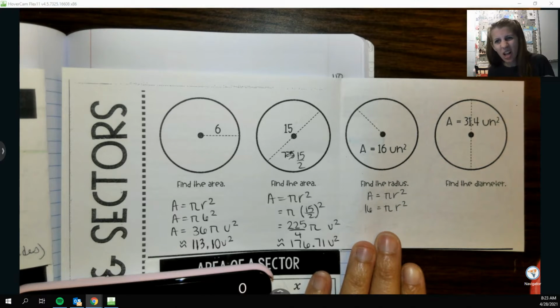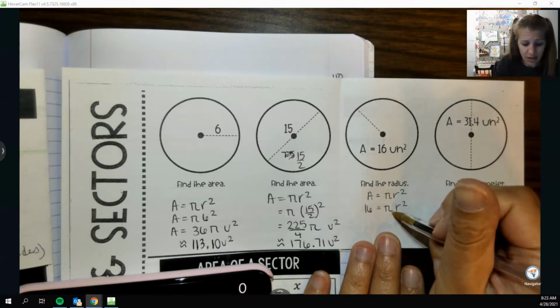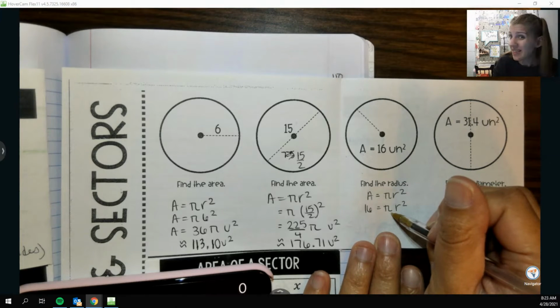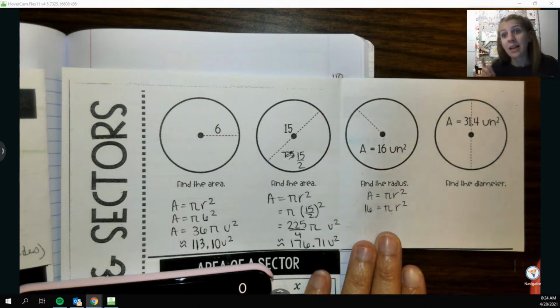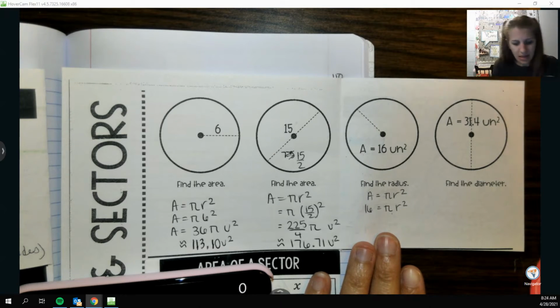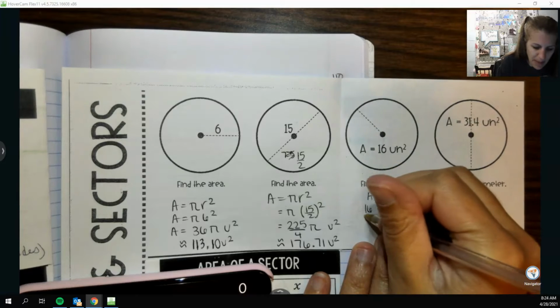And then we just want to solve. To solve for r, I have to get rid of pi because that's being multiplied, and then get rid of the exponent because the exponent is later in the list. So I divide both sides by pi.